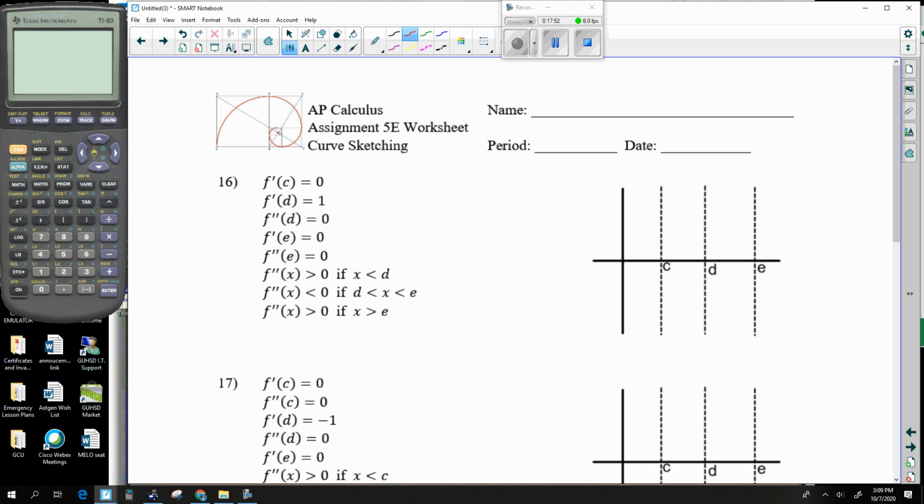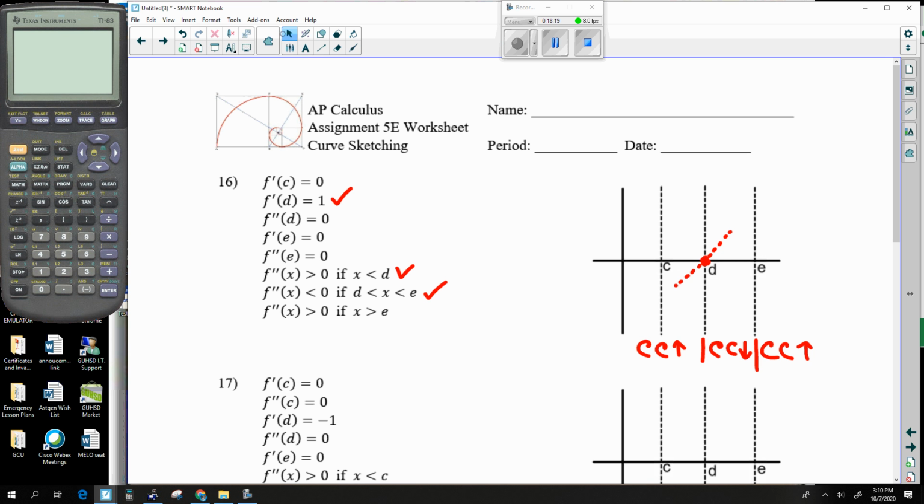All right, let's start with the concavity. So less than D is concave up. Between D and E, it's concave down. And then it switches back to concave up again. So the derivative that I do know is D is +1.